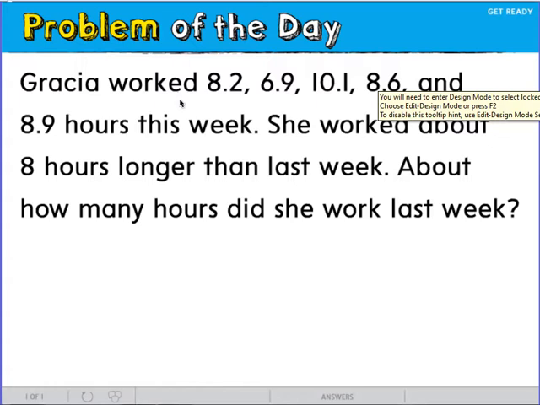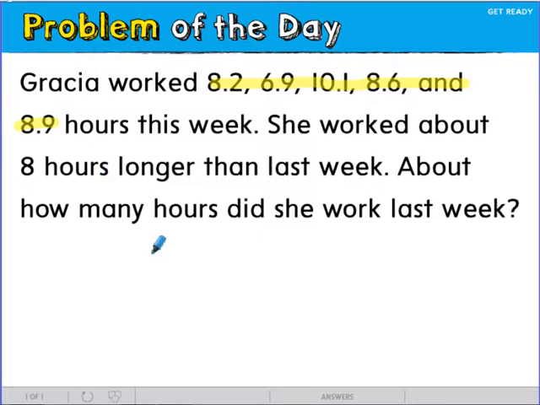Well, you left one out. Oh. Why are we going to add all those together? What are we solving for? Because we have to know how many hours. We're going to add all those together to find out how much she worked this week. And then you add the 8 on it to see what they worked last week.